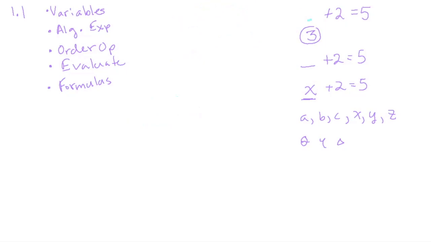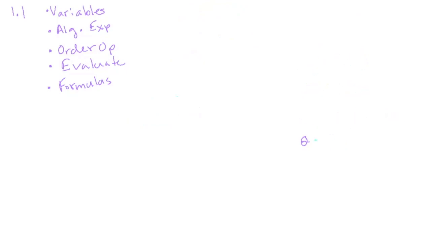We've talked about algebraic expressions and variables. Let's talk about the order of operations. Many of you have heard of the mnemonic PEMDAS, P-E-M-D-A-S. If you haven't heard of PEMDAS, you might have heard of Please Excuse My Dear Aunt Sally. All this means is it tells you the order in which to evaluate an algebraic expression.